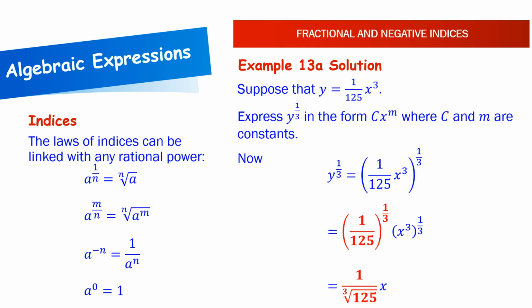We can simplify the constant first, so cube root of the whole expression, and in particular we're cube rooting 125. The cube root of 1 in the numerator is of course 1.